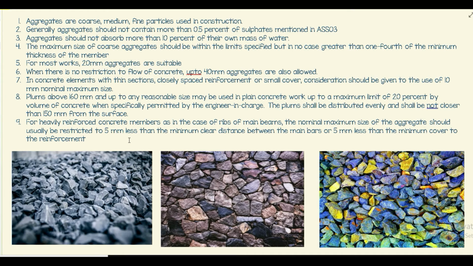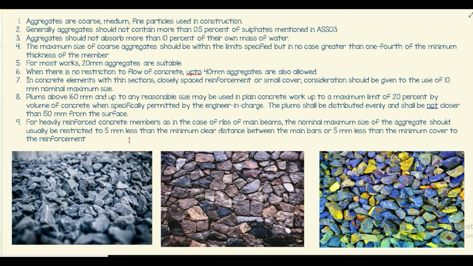For example, we have a member which has a 20 mm cover. So the size of the aggregate should be restricted to 5 mm less than that. All right, so it means that for a 20 mm cover, the aggregate should not at all be more than 15 mm.